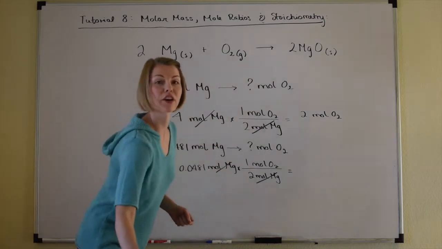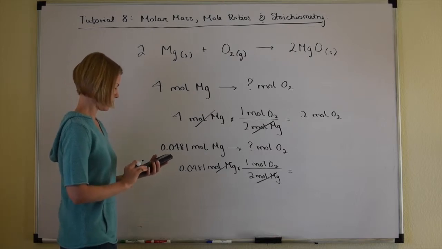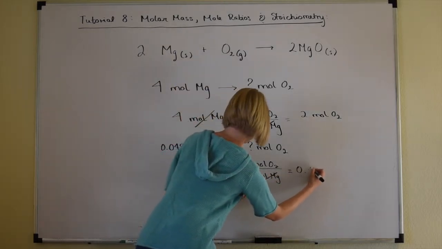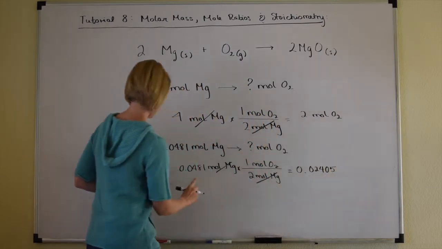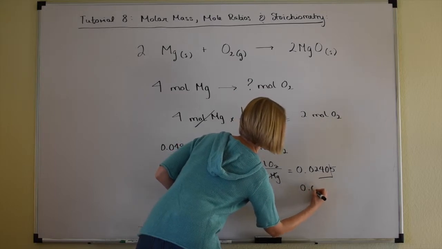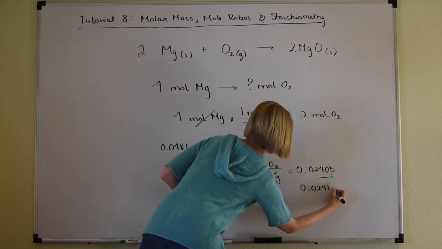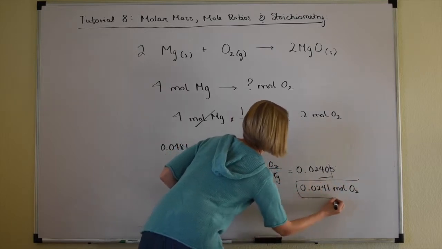So pick up your calculator there. 0.0481 divided by 2. So it's going to be 0.02405. And we'll keep 1, 2, 3, so go ahead and round that off to 0.0241 moles of oxygen. Let's go ahead and circle that.